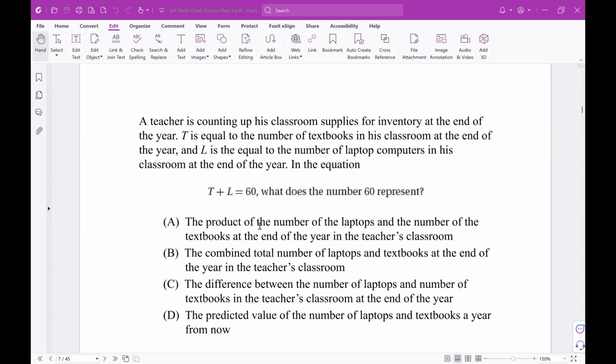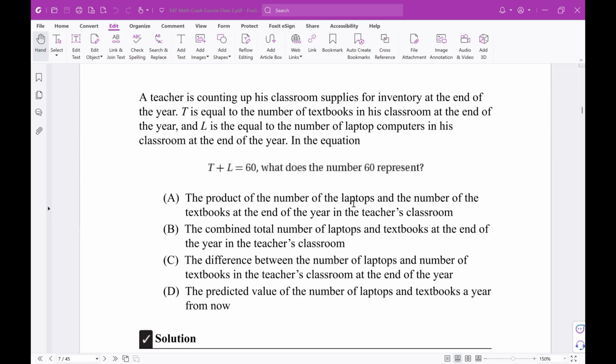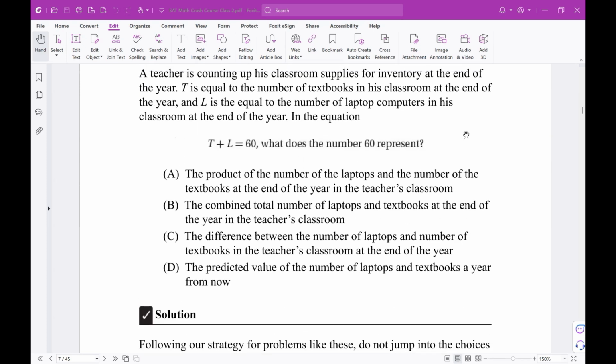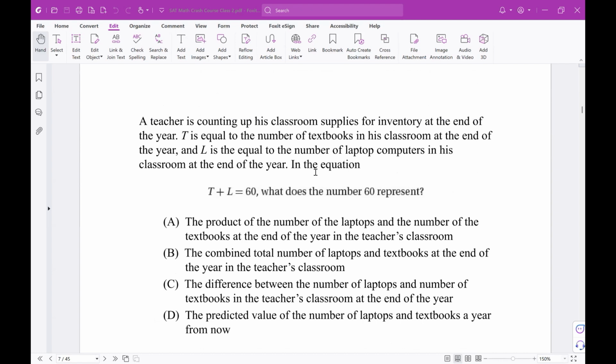So you can simply interpret these questions if you really understand the problem statement. The very first step to solve this type of problem is to understand the problem statement.